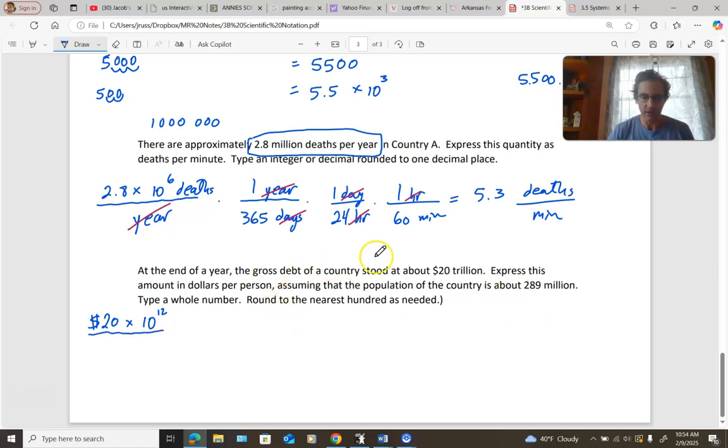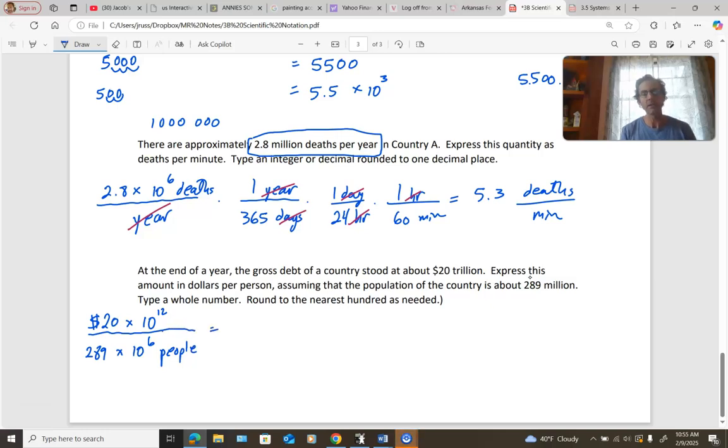What we need to do is divide this amount by the total population, per person. Well, the total population is 289 million. So I'm going to express that in scientific notation as well. So 289 million, well, that's 10 to the 6th power, because a million has 6 zeros. And I'm going to put people down here.